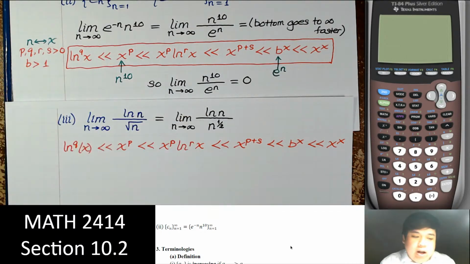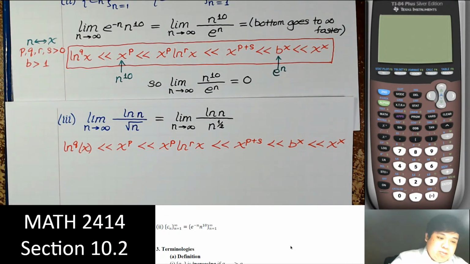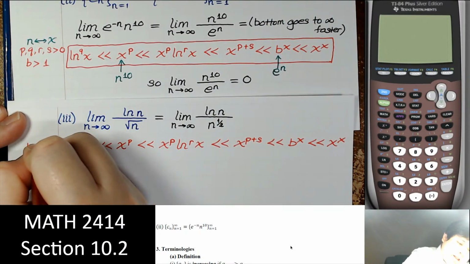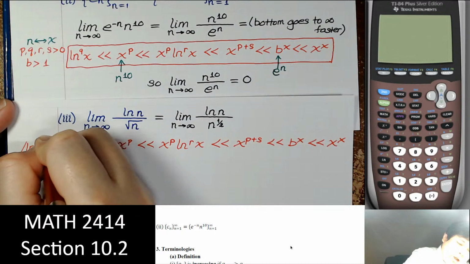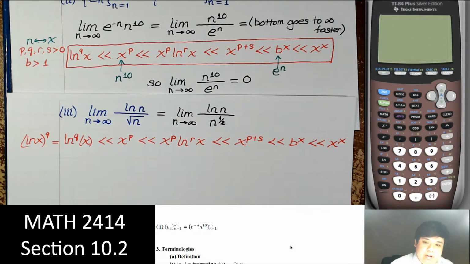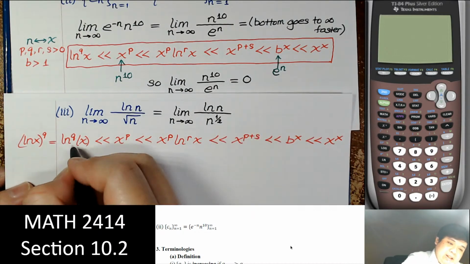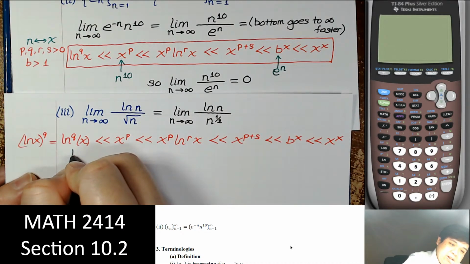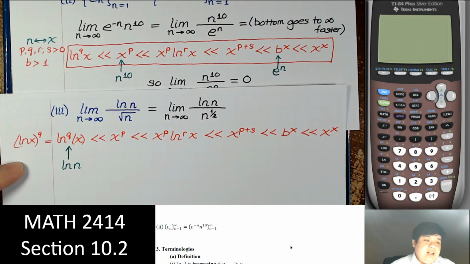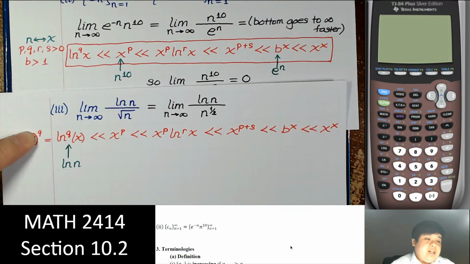Right, so ln of n, by the way, as mentioned before, is equivalent to ln of x to the q power. Now, which one's which? First of all, the ln of n is going to be this one. n is equivalent to x, and q, in this case, let q equal 1.